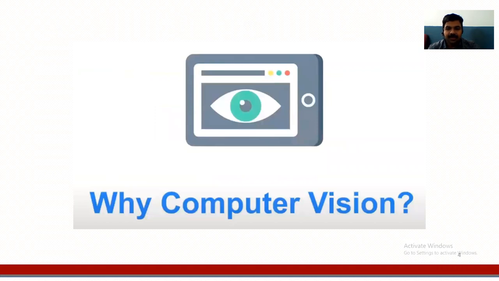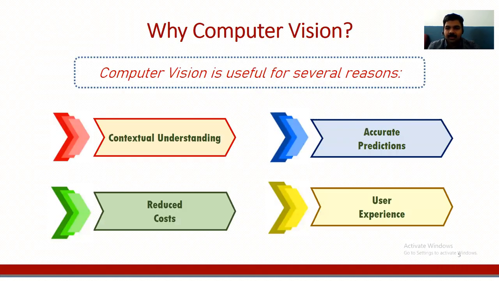So why computer vision? Computer vision is useful for several reasons: one, contextual understanding; second, accurate predictions; third, reduced cost; and fourth, user experience. For contextual understanding, if you take an autonomous robot, it has to move in an unknown environment and identify whether there are any obstacles or other hindrances in its path. So it can understand a new environment very easily.